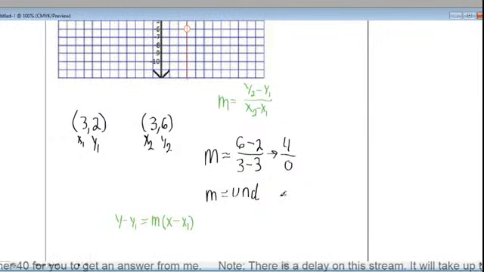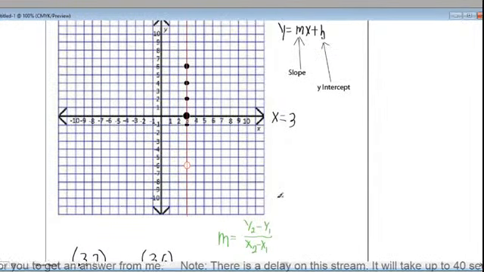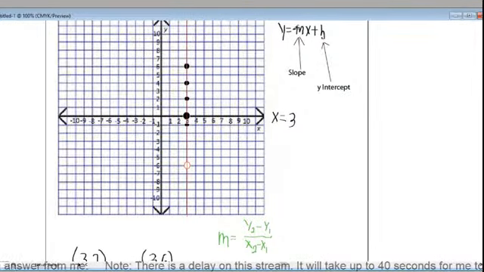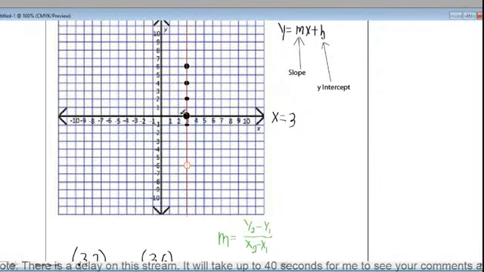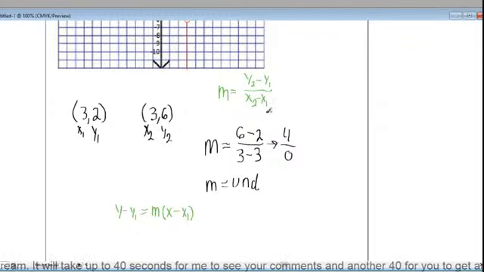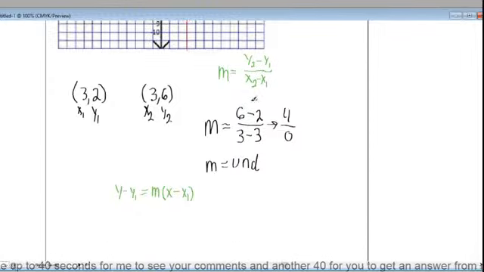So, all three of these are very important to keep in mind. So again, that's the slope-intercept form, which is y equals mx plus b, where m is the slope and b is the y-intercept, which is where the graph crosses the y-axis. Slope formula, given 2 points, we can find the slope and use that slope to find the rest of the points on the line.